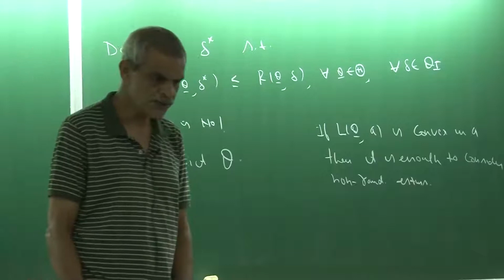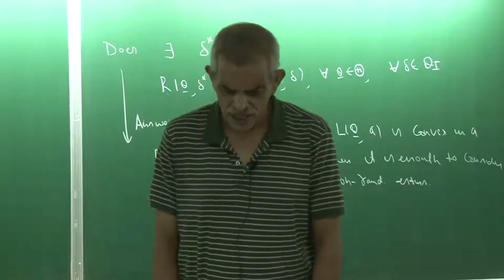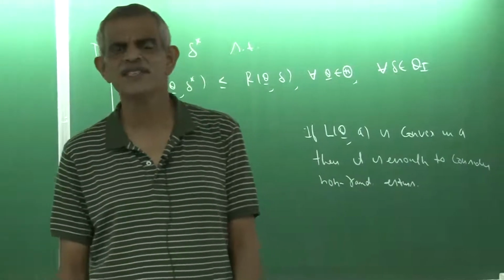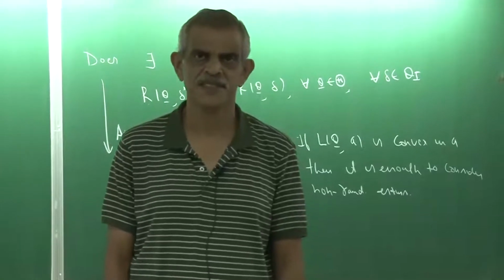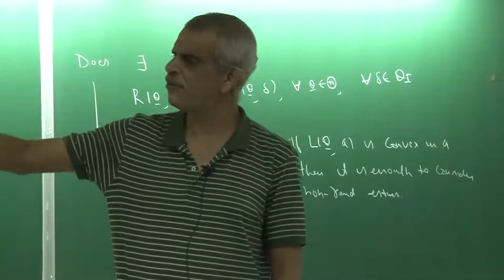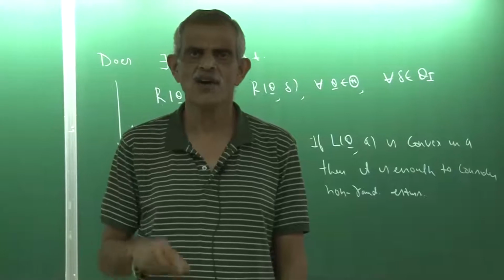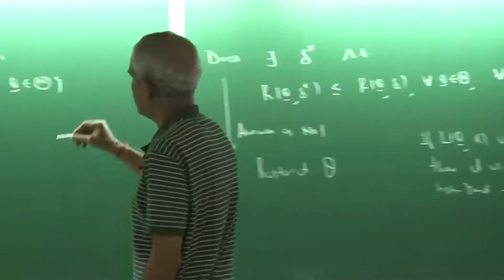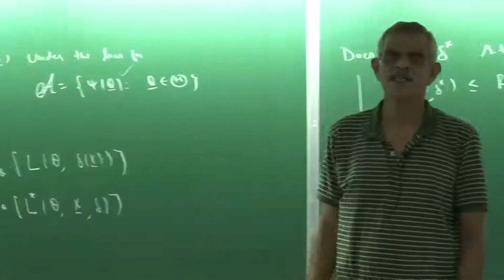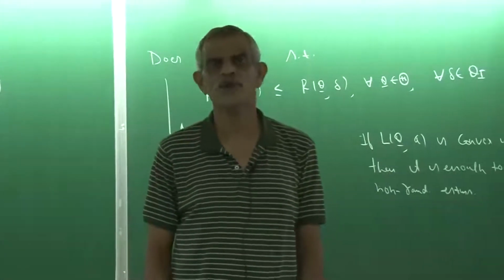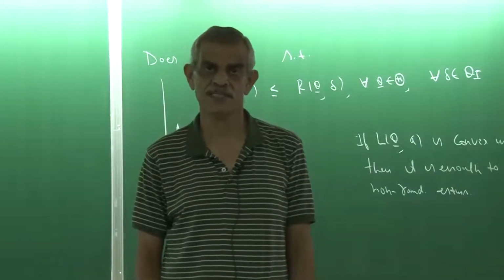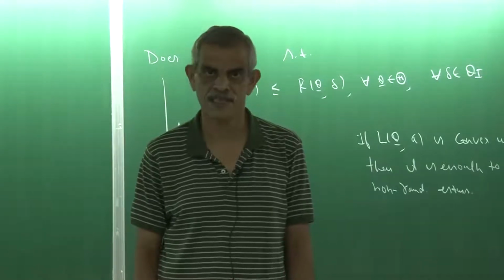So in the last course you saw that I would expect any estimator to be unbiased. That means if I use it over a long period of time, on an average, it should give me the true value of the estimate. That means my estimator should be such that the expected value of delta(X) is the same as psi(theta).